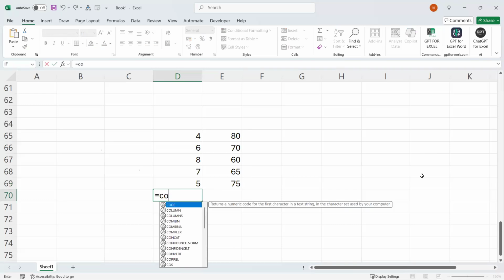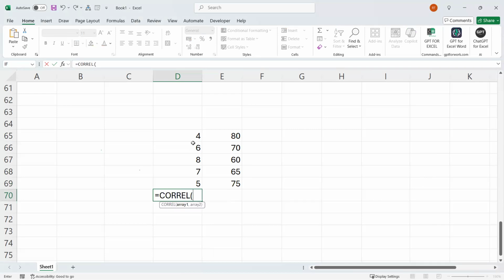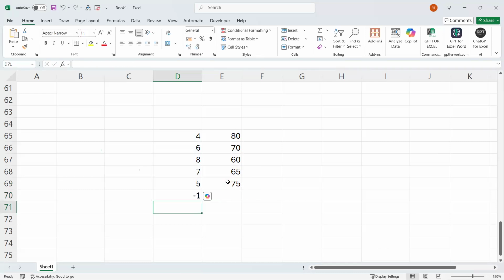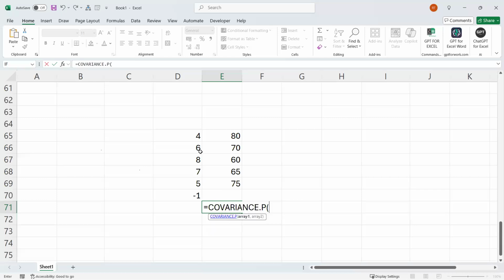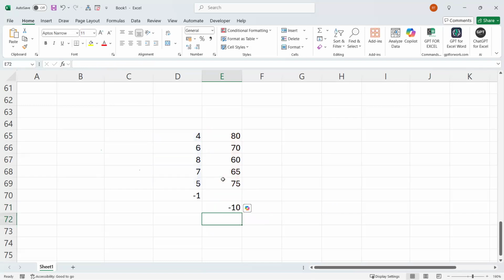You guys did the calculation, but I don't. Correlation: -1. Perfect. Covariance: -10. Perfect. Right. So the outcome is looking fine.